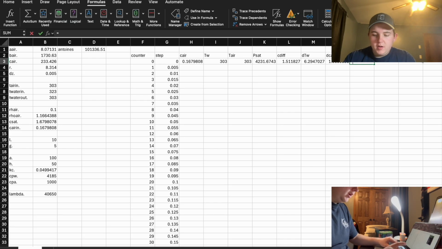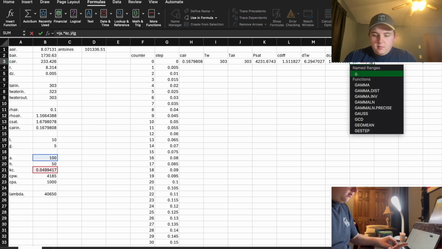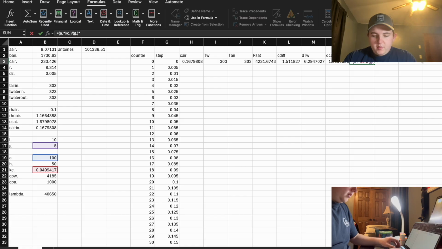is equal to our A dot as well times our KC2 divided by G dot times our T water minus our T air. Is that in parentheses?